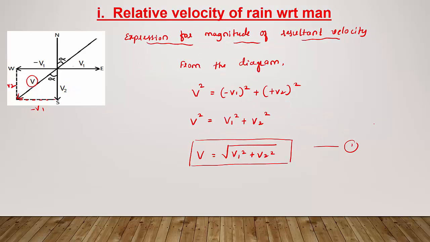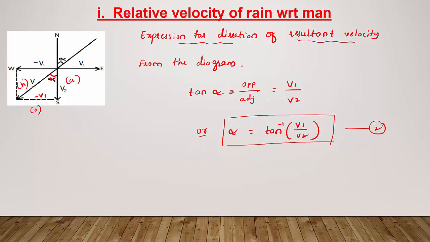So the magnitude is V equals the square root of V1 squared plus V2 squared, and its direction is alpha equals tan inverse of V1 over V2. Now what does it indicate? The man must hold his umbrella in the direction of the relative velocity of rain with respect to the man to protect himself from the rain.